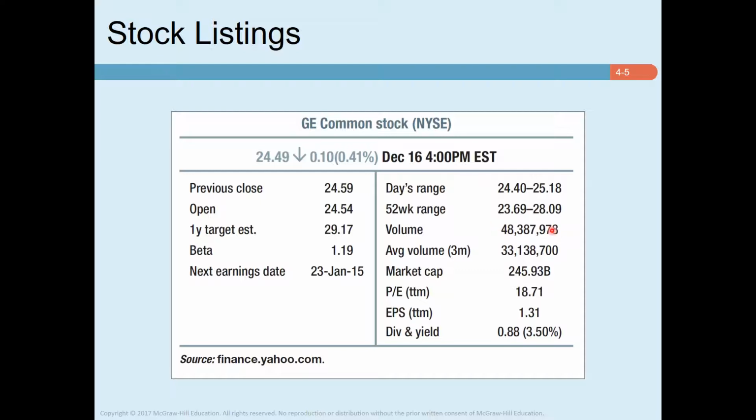Volume is the number of shares traded, and this is average volume. Market cap is the number of shares multiplied by the share price. This is the price earning ratio, this is the earning per share, and this is dividend yield. These are the indicators of whether we should invest in a stock or not, compared to some benchmarks.